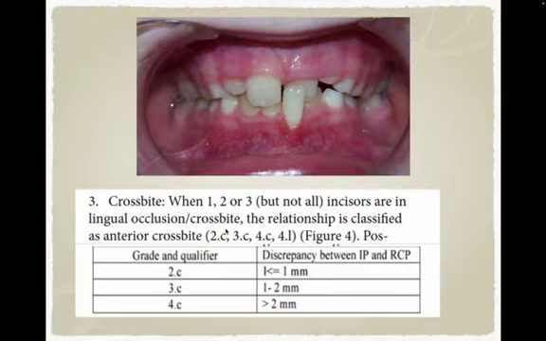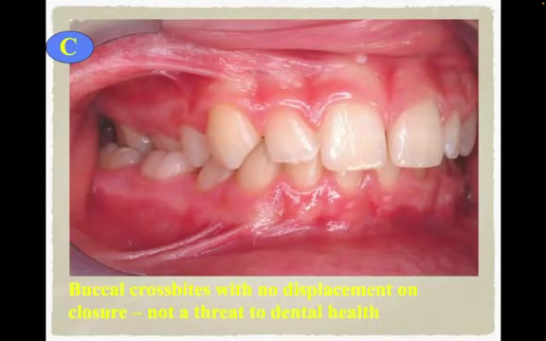The way to measure it is to see the amount of displacement between the centric relation and the centric occlusion. If the displacement is less than 1 millimeter, that's 2C. If it's 1 to 2, that's 3C. If it is more than 2 millimeters, that's a 4C. And if it's associated with a lingual crossbite, then this is 4I of treatment.